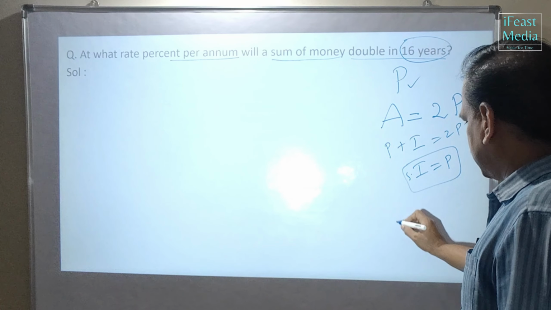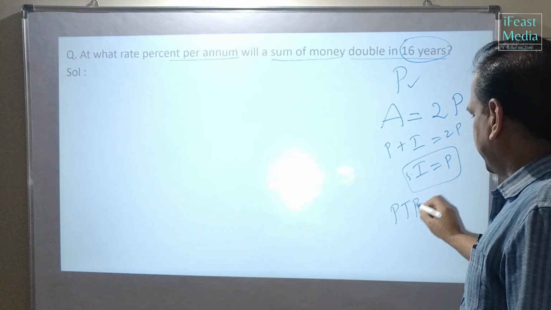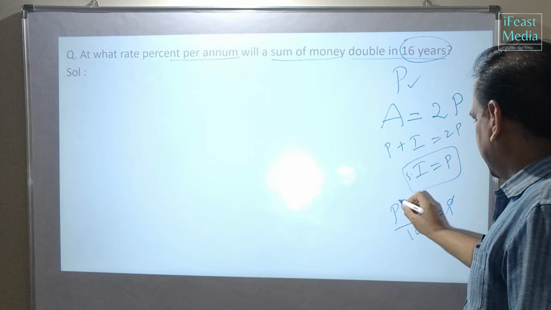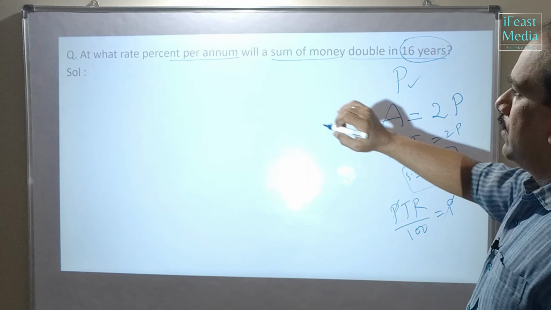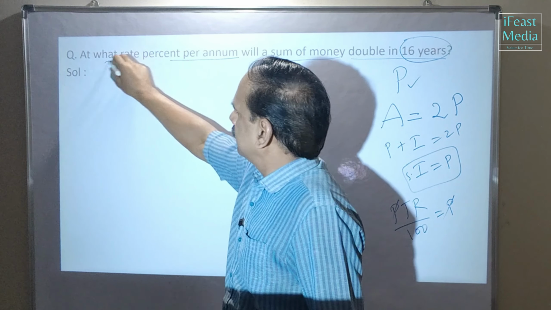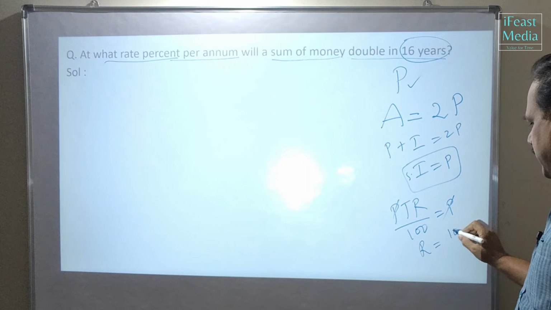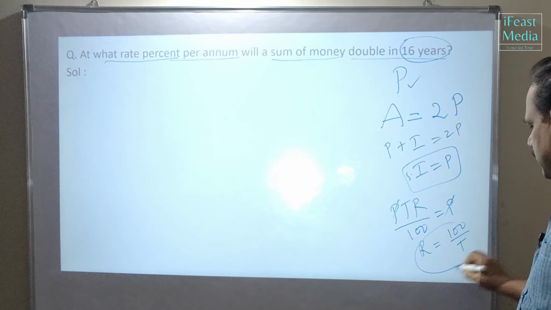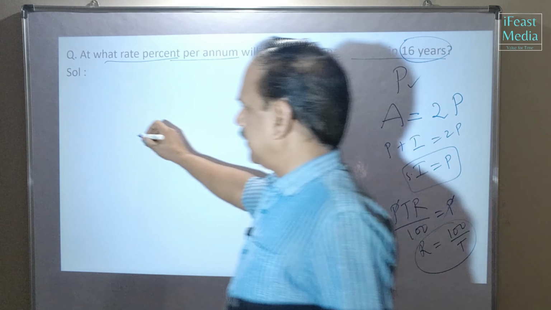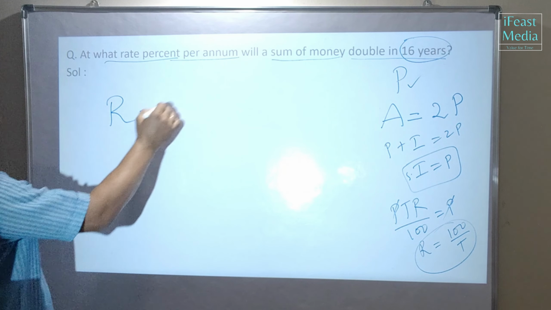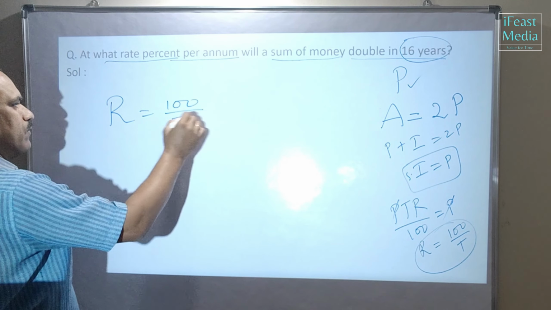That means simple interest. What is interest? PTR by 100. PTR by 100 equal to P. So P and P get cancelled. At what rate percent? So we need to find the rate percent R. So R equal to 100 by T. The rate percent is 100 by T. What is T here?